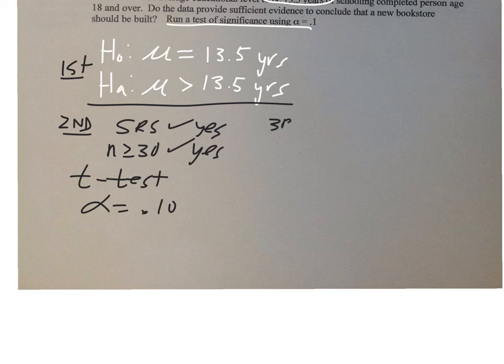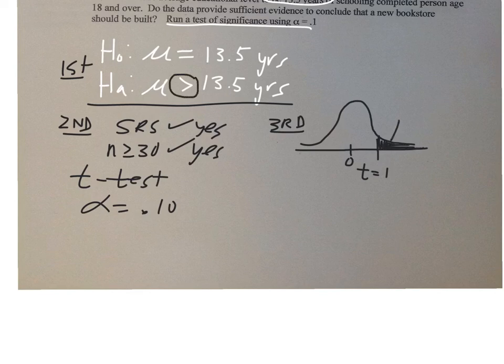All right, the third step, just using the calculator, we can quickly generate the t-curve for this and the t-score. And we find out using the calculator that the t-score is 1 on this t-curve. The shading would be to the right, that matches the inequality, and the p-value ends up being quite high, about 16%.